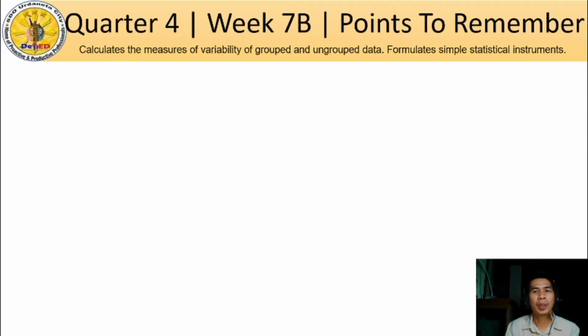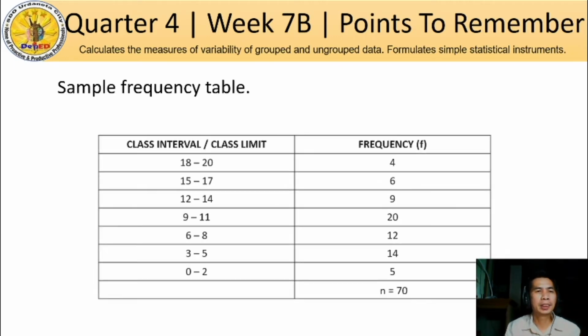And to start with, we have the points to remember. So, we have here a sample frequency table. So, meron tayong class interval or the class limit na tinatawag, and the frequency is given. Okay?